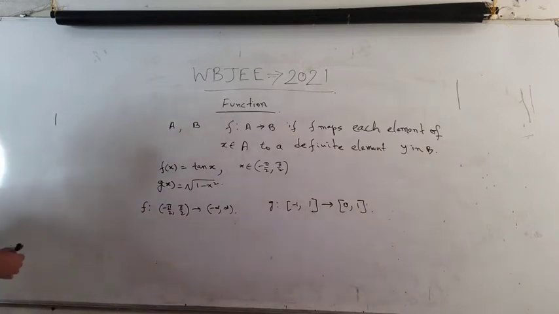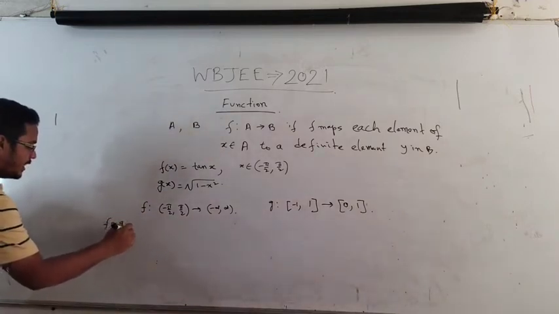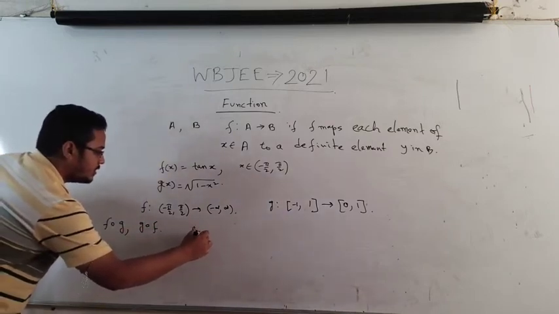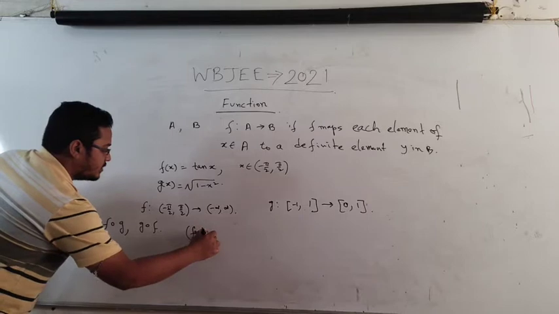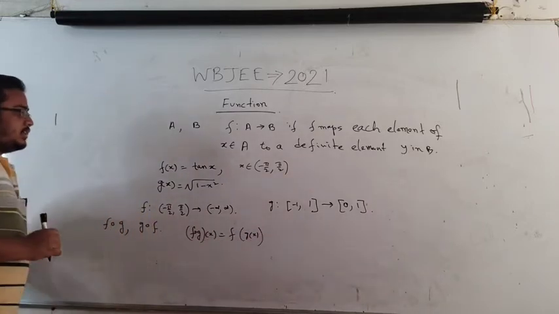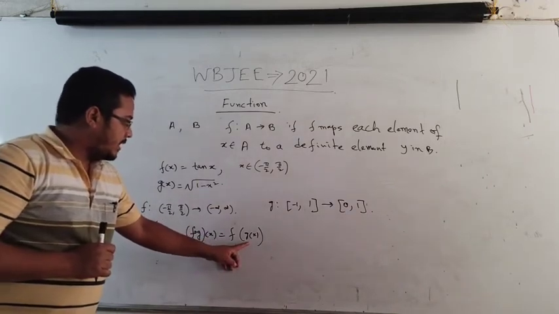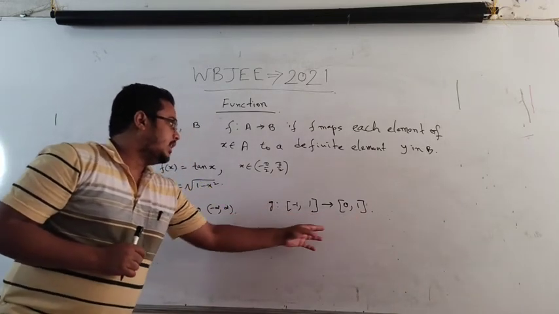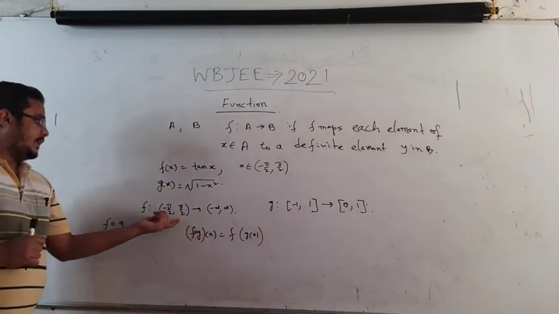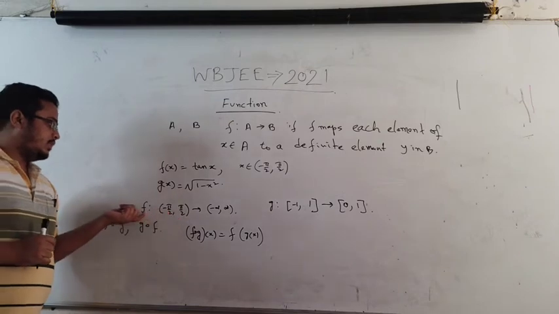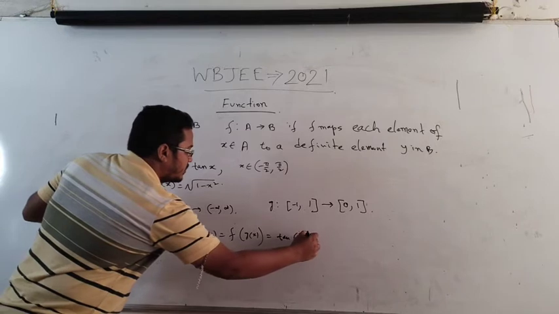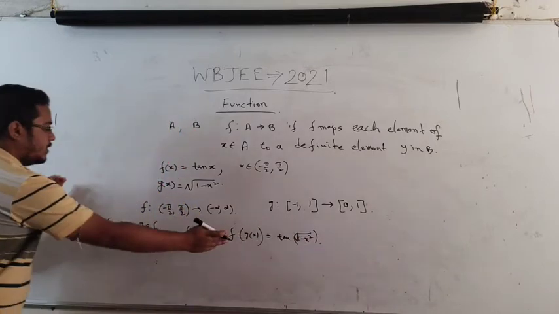Now if we try to compose f o g and g o f. First, f o g(x) will be f of g(x). See that the range of g is 0 to 1, and 0 to 1 is a subset of the domain of f. Therefore it will be clearly defined, because f can act on this element.